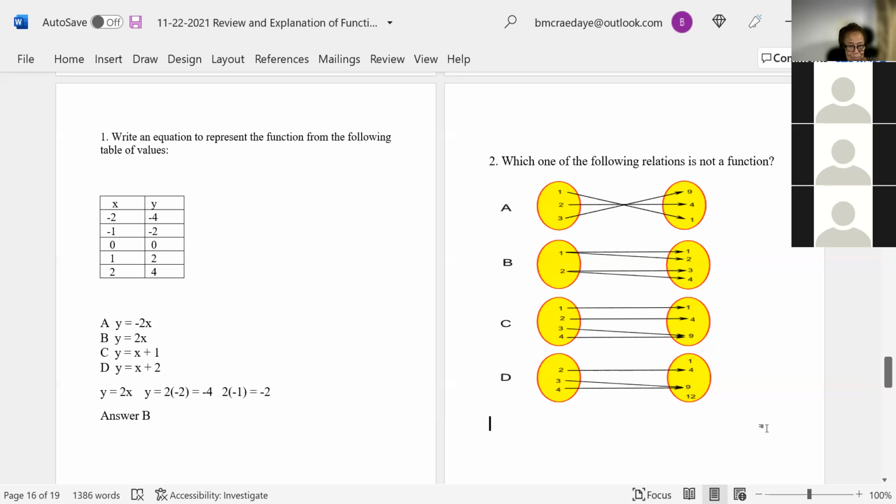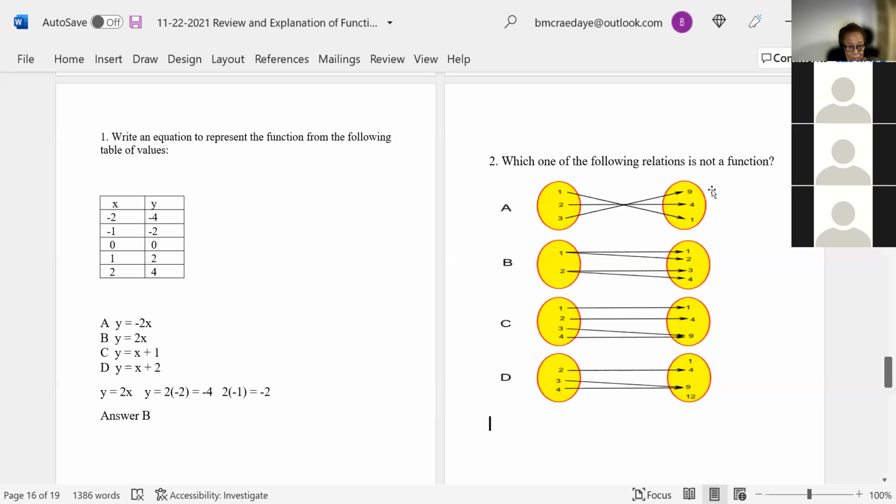Okay, so that's A. Which one would you say? A. But A has a 1 mapped to a 1, a 2 mapped to a 4, and a 3 mapped to a 9. That's a function.